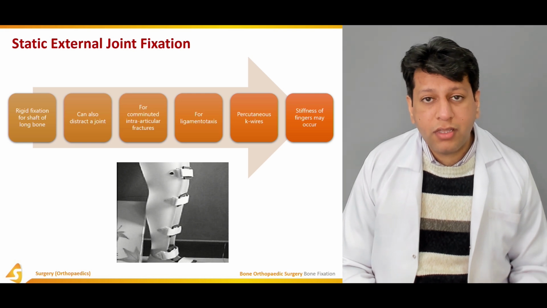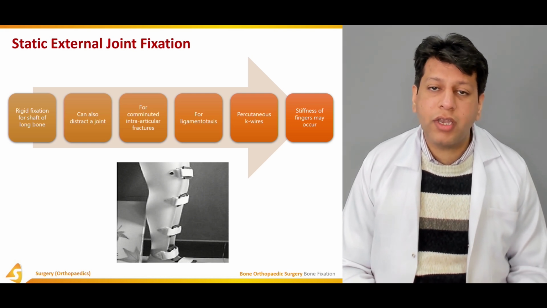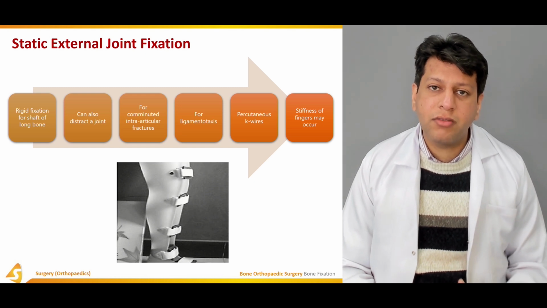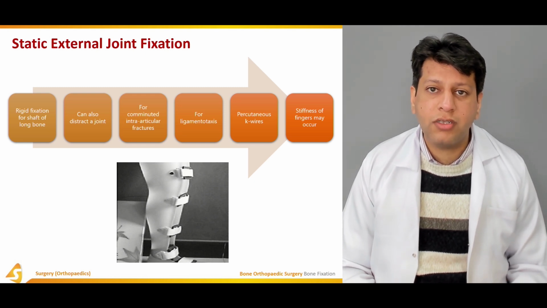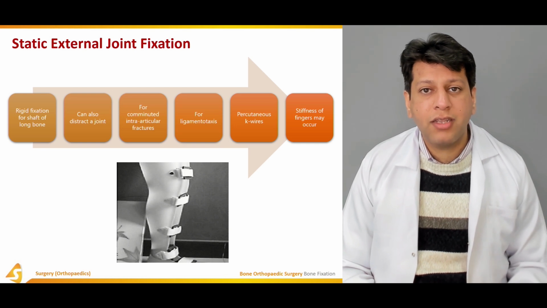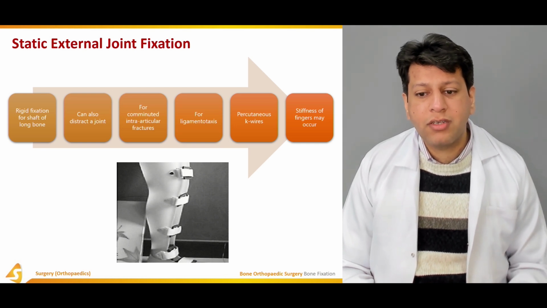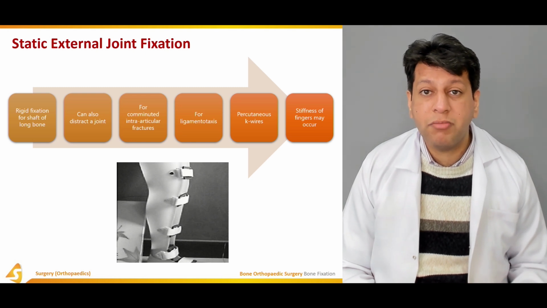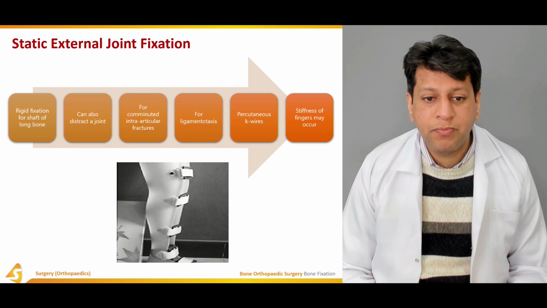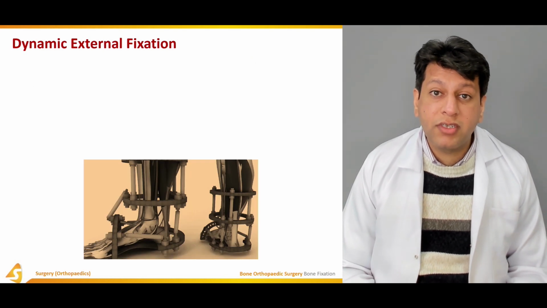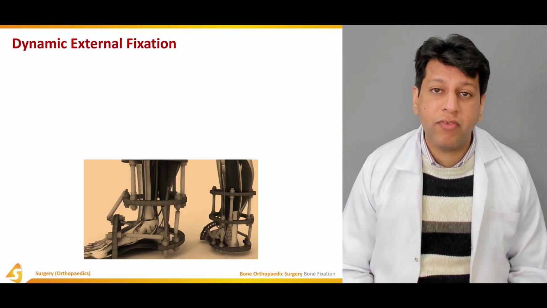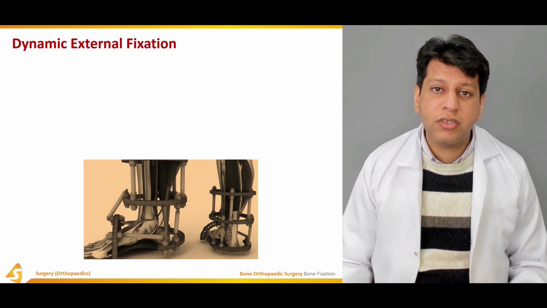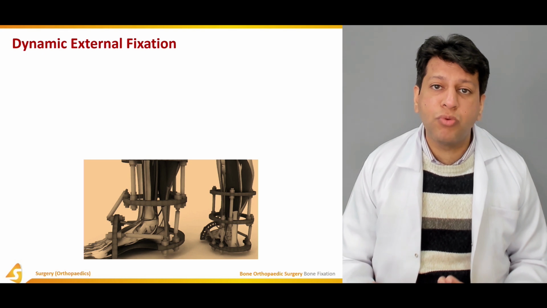But with everything, there are always positives and negatives. Usually with the uniplanar fixator, when stabilized, the joints are sometimes fixed in one plane, and this can lead to finger flexion stiffness or ankle stiffness when this delta frame is applied to the lower limb. Then there is a role for dynamic fixators, because they are not only fixing the bone in one plane but also allowing movement of the joint.